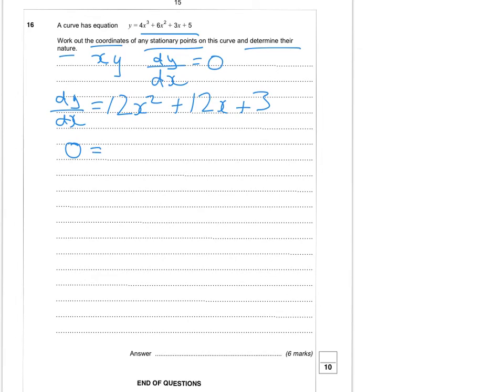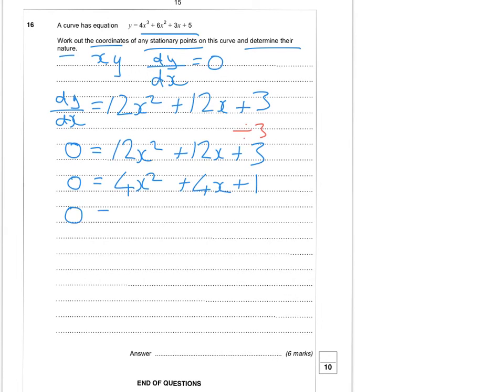Common factor of 3, so dividing everything through by 3, I will get 0 equals 4x squared plus 4x plus 1.